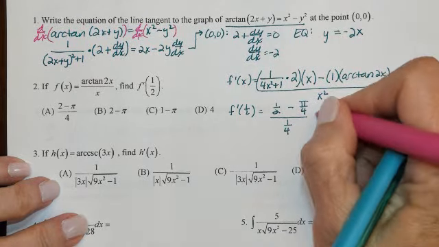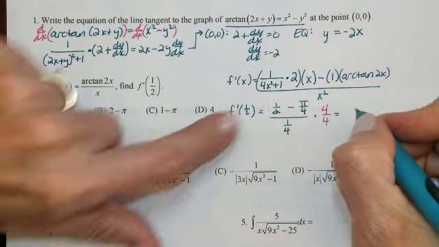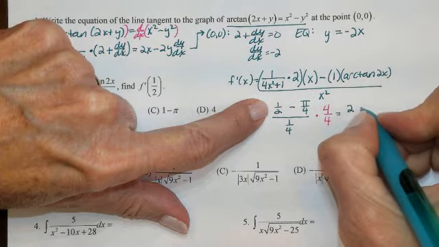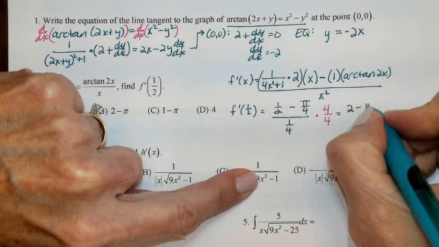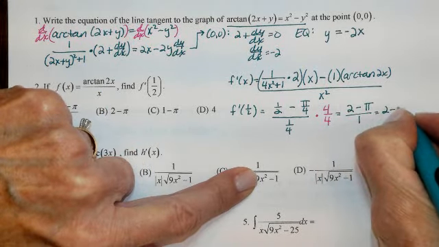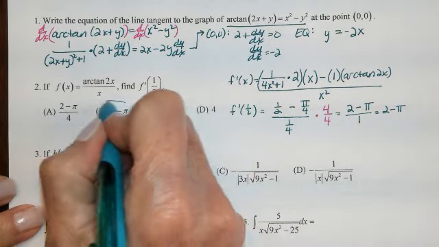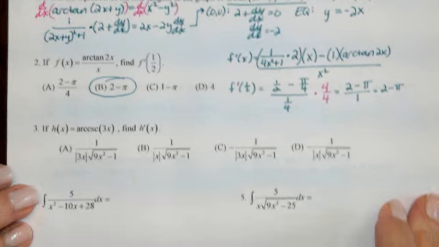To simplify this, I'm going to multiply by 4 over 4. 1/2 times 4 is 2. Pi over 4 times 4 is pi. 1/4 times 4 is 1. So this is just 2 minus pi. So the correct answer here would have been B.